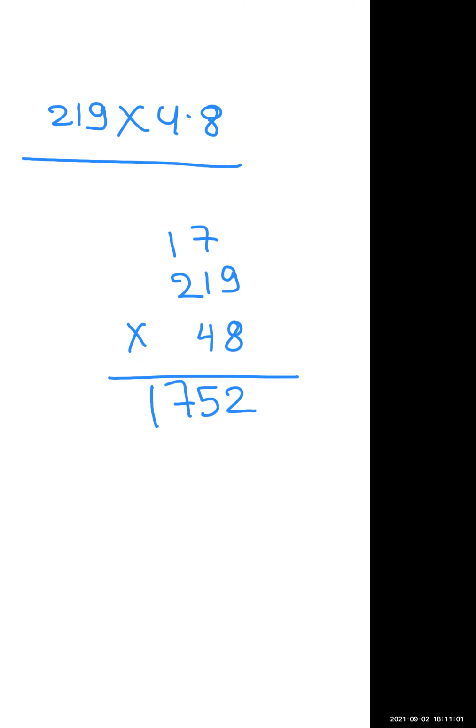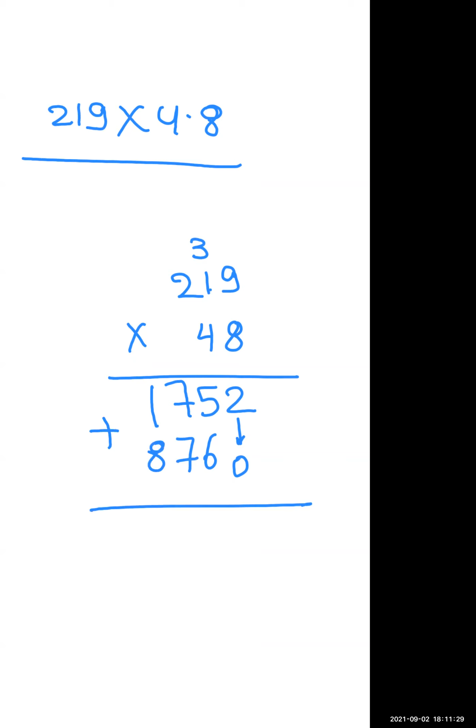Okay, then what will be the next step? Write down a zero under this number, write down 0, and then continue. 4 times 9, 36. So write down 6 and carry over 3. 4 times 1, 4, plus 3, 7. 4 times 2, 8.